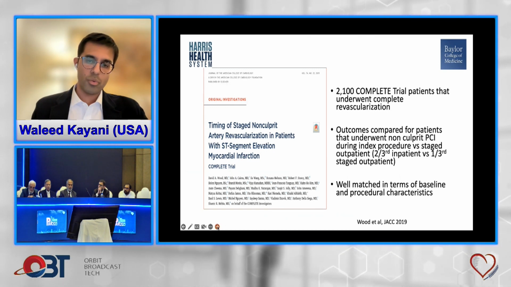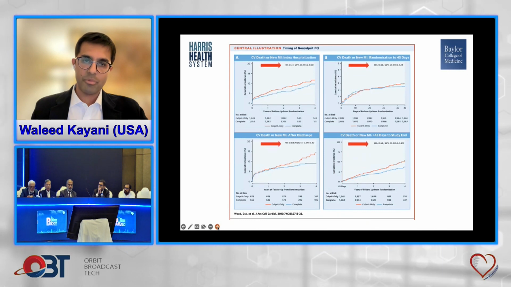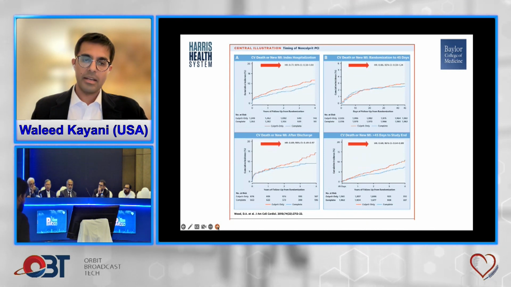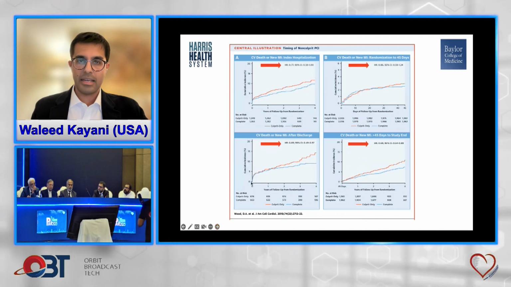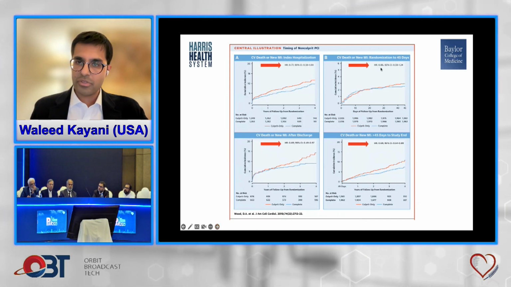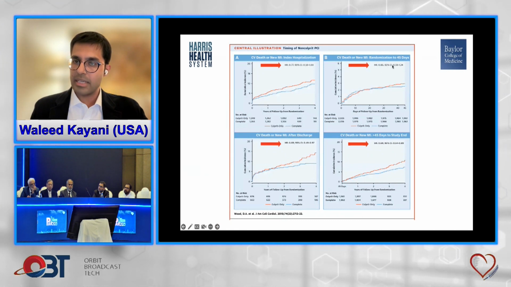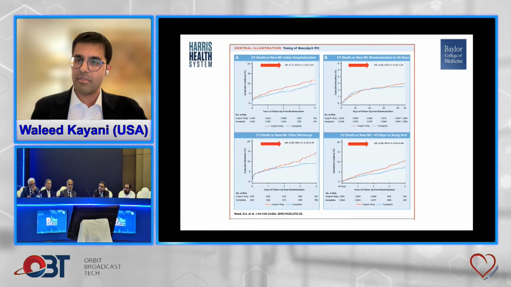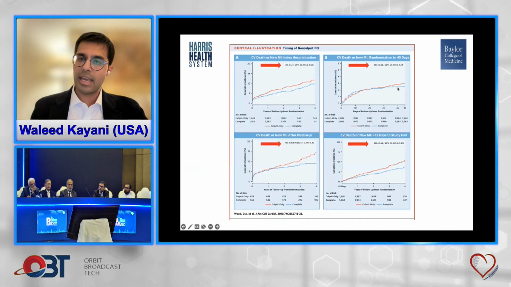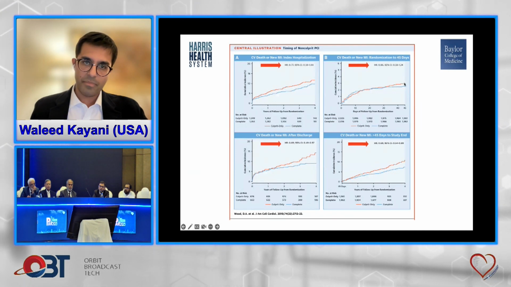Overall, both the cohorts were well matched, and what the investigators saw in this subgroup analysis of complete trial that was published in JACC in 2009, was that really for the first 45 days, there was no significant difference between complete revascularization or culprit-only revascularization. So really after 45 days is where the Kaplan-Meier curve separated to favor complete revascularization.